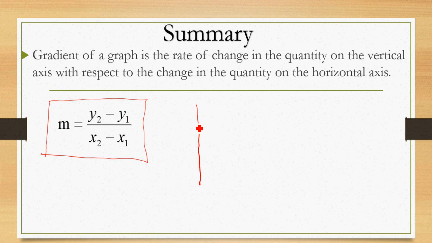That means when you have a graph and you have the line of the graph, you need at least 2 points on the graph. Let's say you have this 0, 0 and you have this, let's say this is 5, 10. So you can calculate the gradient. You must have at least 2 points. And how to label x1, x2, y1, y2?